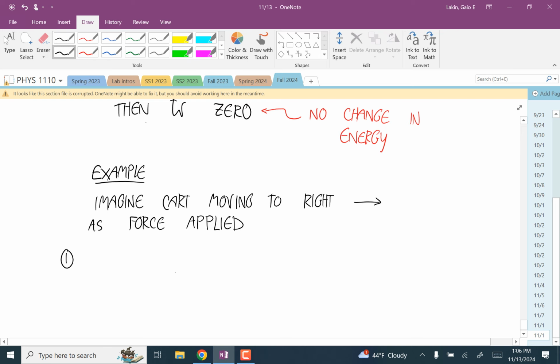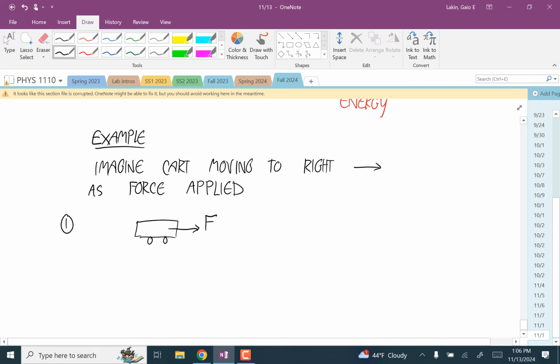So first, what would it do to the speed if you applied a force in that direction? In this case, the force vector and the velocity vector are within 90 degrees.